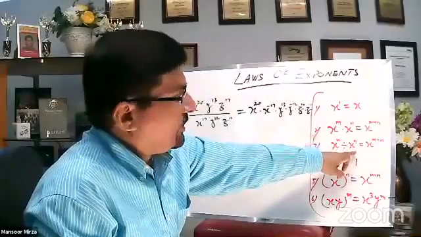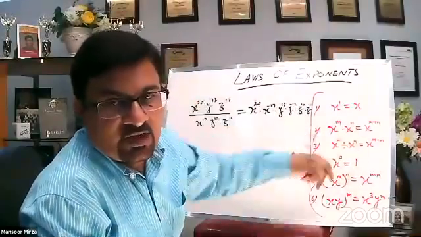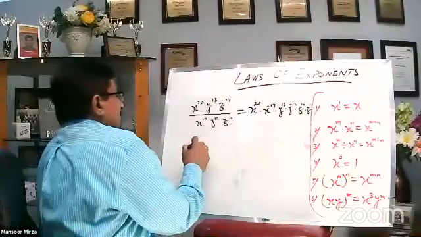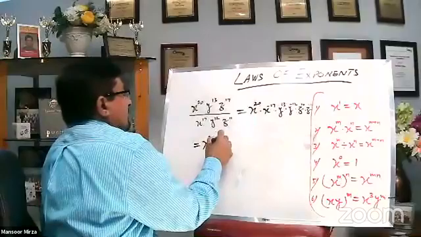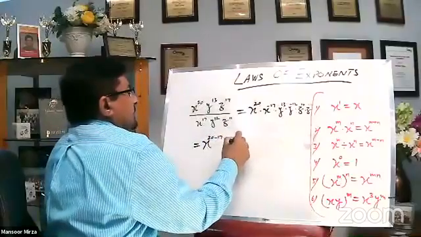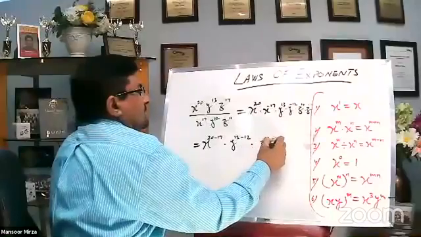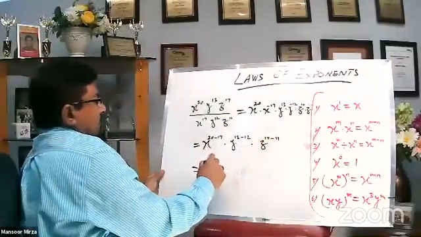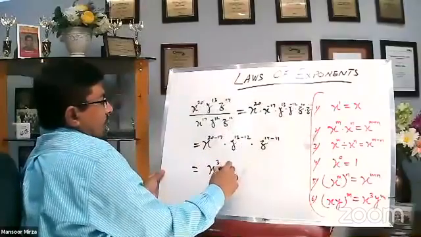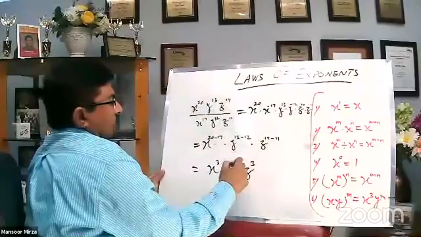So when the denominator value moves up, their exponent sign changes. So now in the next step, I can calculate x as 20 minus 17, then y 13 minus 12, and then z is 14 minus 11. And with simple calculation, x remains to the power 3, then y is just 1, and z is 3.